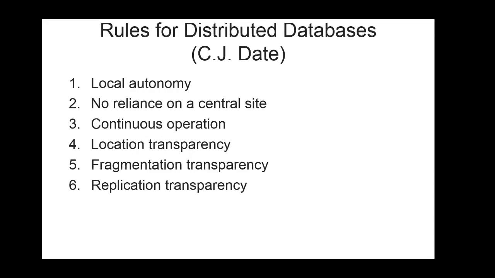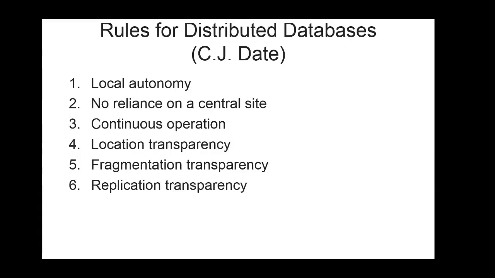Now let's look at the 12 rules for distributed databases that Computer World mentioned in 1987. First, local autonomy. No site should depend on another site to perform its database function. No reliance on a central site.